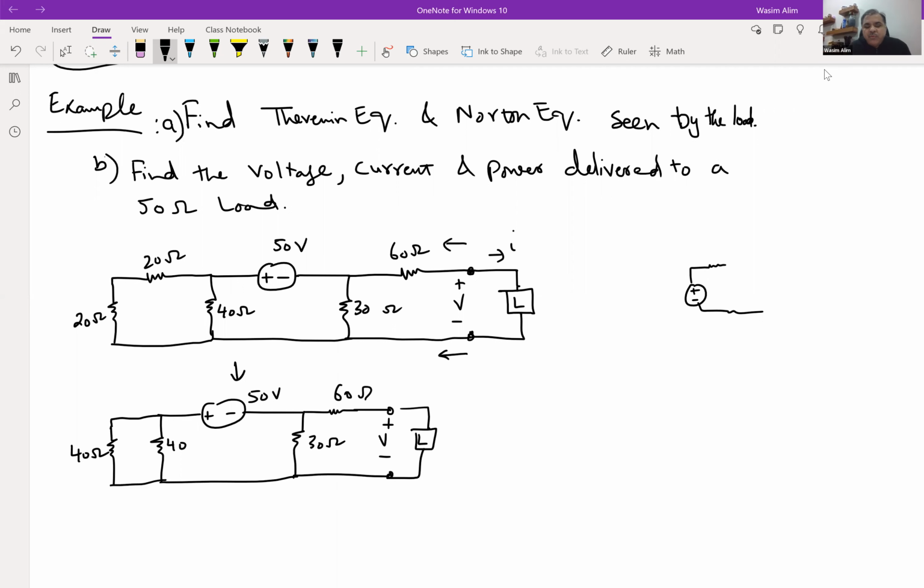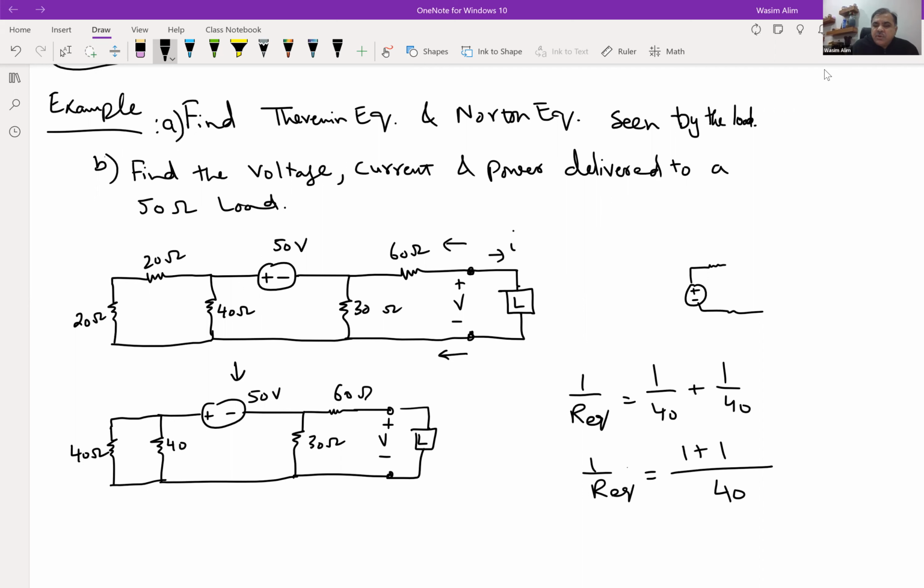Okay, so now we have two 40 ohm resistors that are in parallel to one another. So let's do the equivalent. Okay, so we can take the common denominator, which is easy here because you can see that both denominators are 40, so I can take this as common, and then I can add the numerators, which are going to be 1 plus 1.